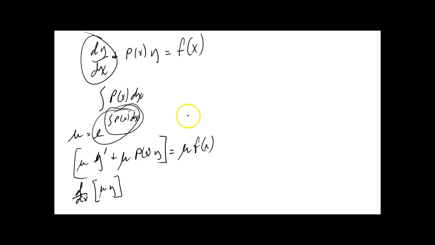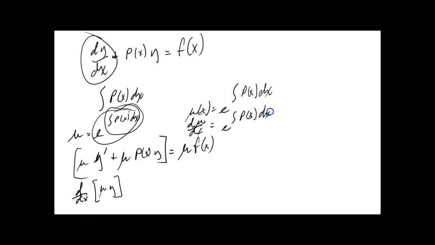All right, let's do this again. Mu of x is equal to e to the integral of p of x dx. So if you do d mu/dx, that's equal to e to the integral of p of x dx.